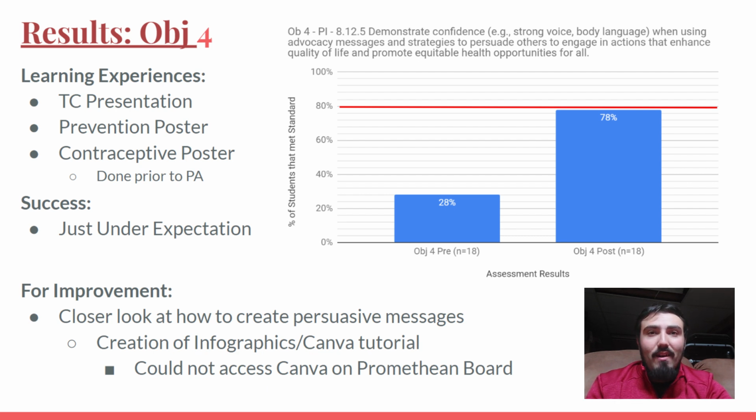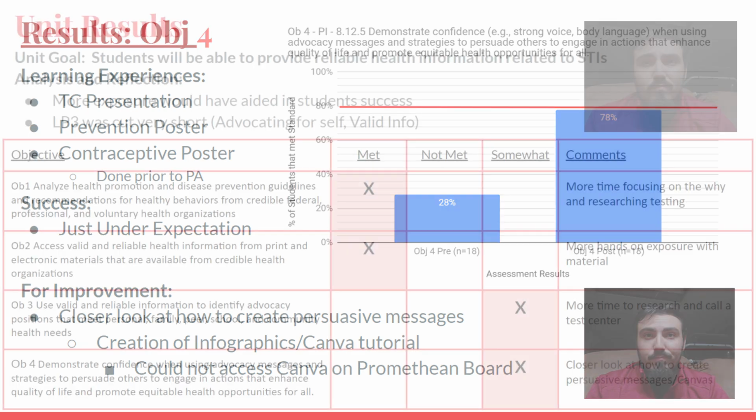This impacted their design of the Canvas because I was planning on giving a quick tutorial on how to use it and some of the features you can use on Canva to make your presentations look great, but for whatever reason it was blocked by Cumberland and I was unable to access it on the Promethean board. So I think that would have made their Canvas look more professional, which is another way students were graded.